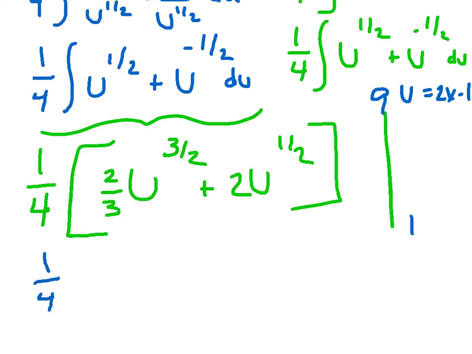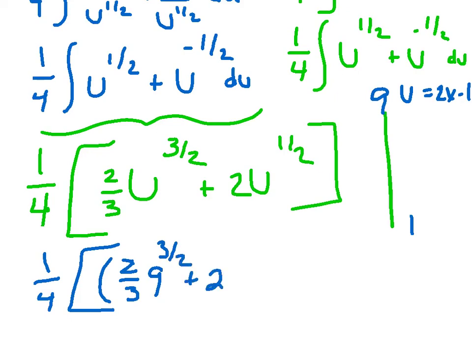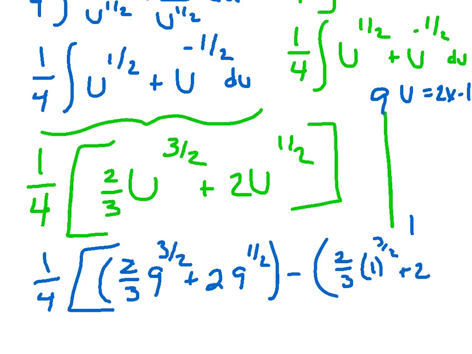So I'm going to leave my 1/4. I'm going to carefully plug in my upper: 2/3 times 9 to the 3/2, plus 2 times 9 to the 1/2, minus the lower: 2/3 times 1 to the 3/2, plus 2 times 1 to the 1/2.